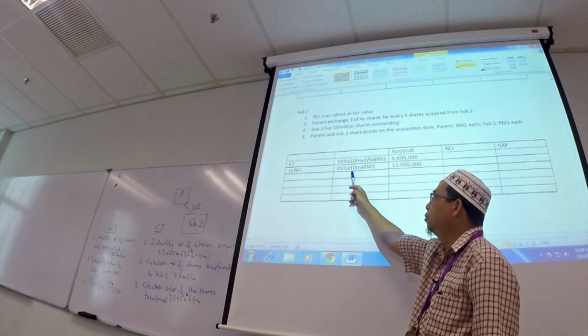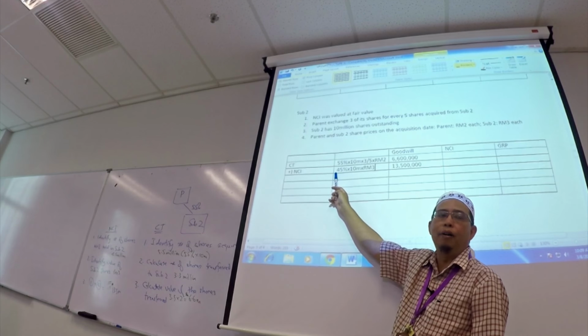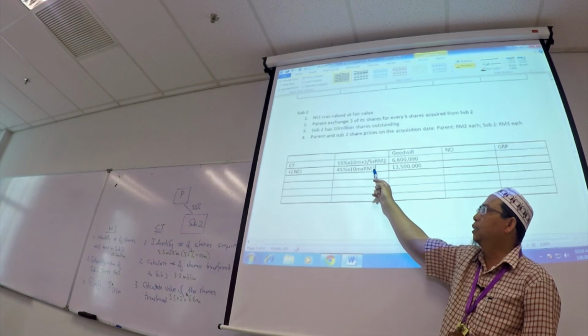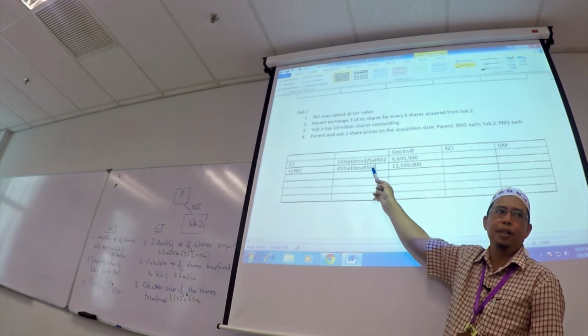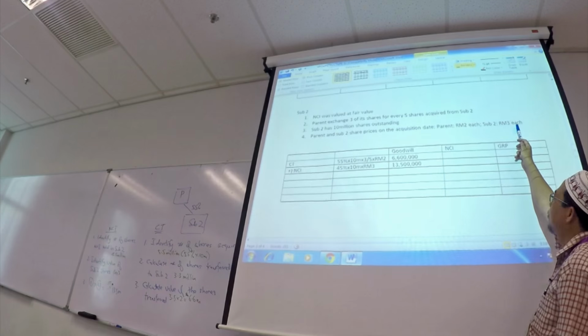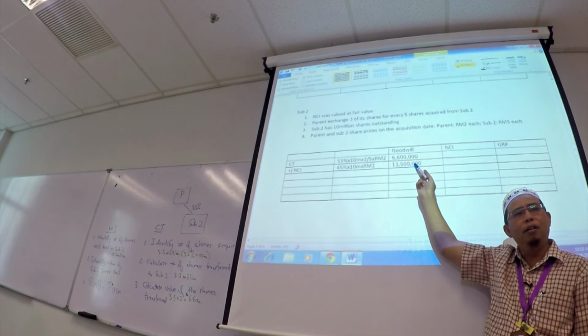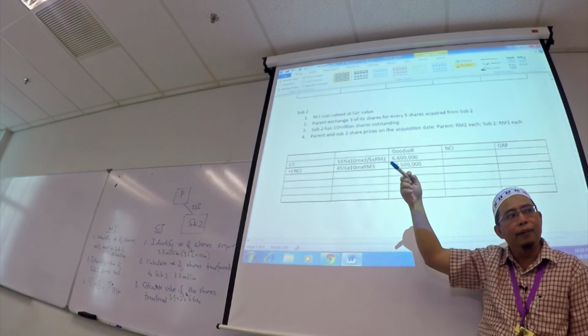This is the number of NCI shares in the subsidiary, this is the value of one subsidiary share, and this is the value of NCI. So this is how NCI is valued at fair value.